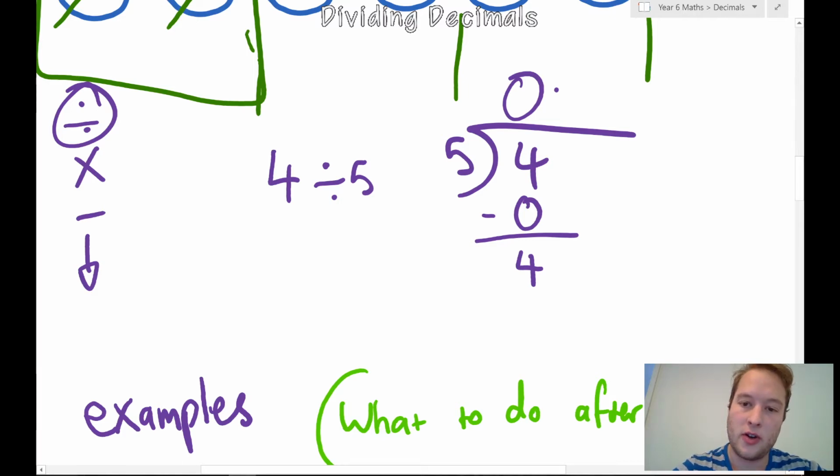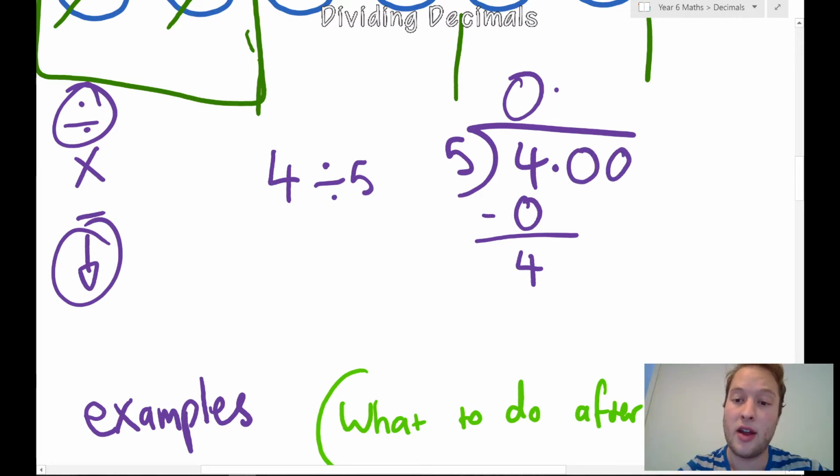Because it didn't work at all, I have to put my decimal in now, right? Because now I am putting in a decimal here, and I have to do my arrow method now, yeah? So I'm going to draw in a 0, because there's an infinite amount of zeros after the decimal point.